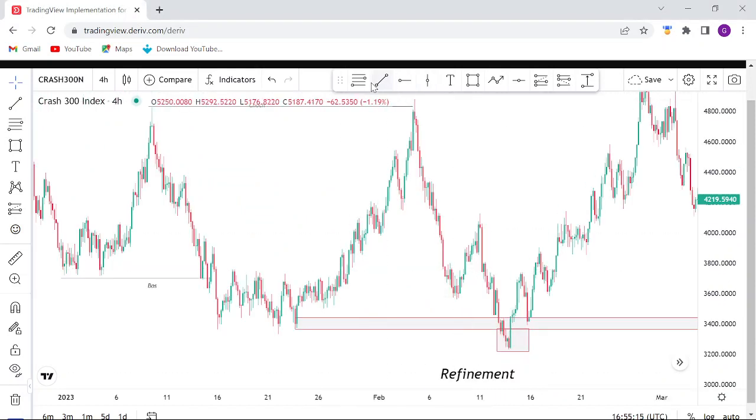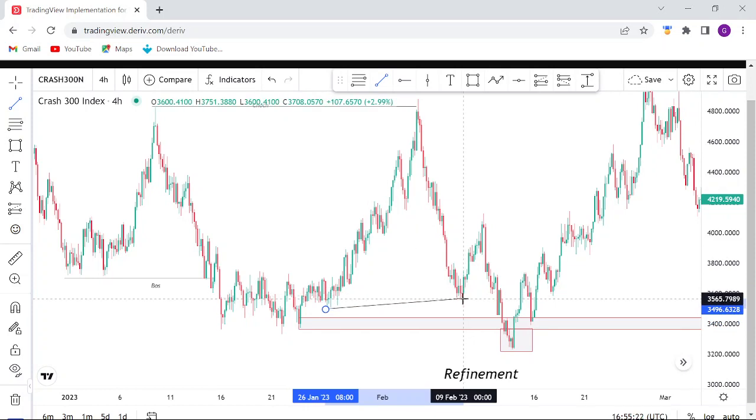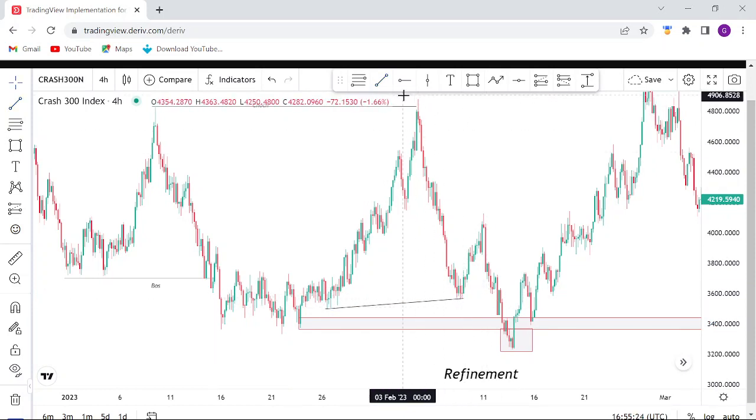Okay, even if you look closely, you are going to see here we are having the liquidity. So this is going to add to your confirmation.